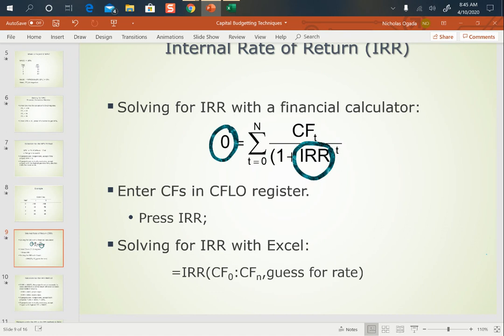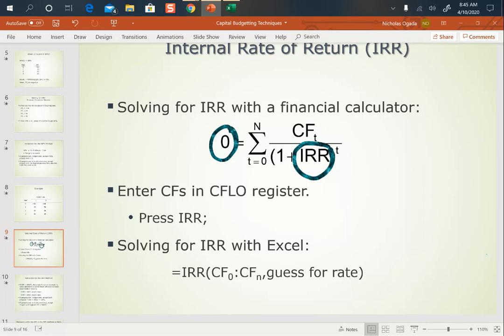There are many ways you can do this. You could use the formula as you're seeing here. You could use the financial calculator with your cash flow key and then find out what the IRR is.